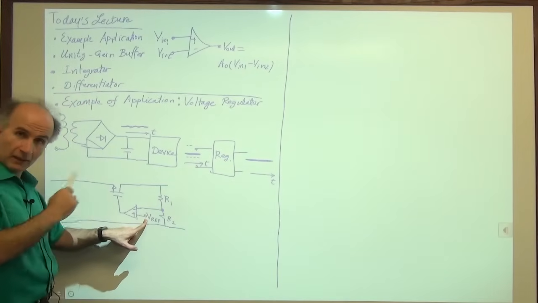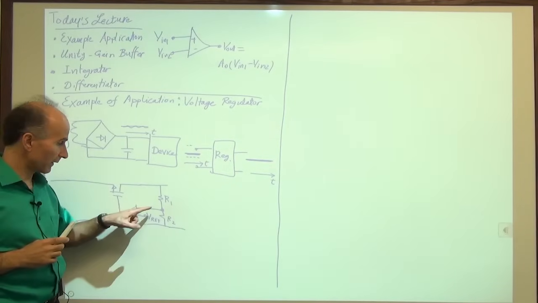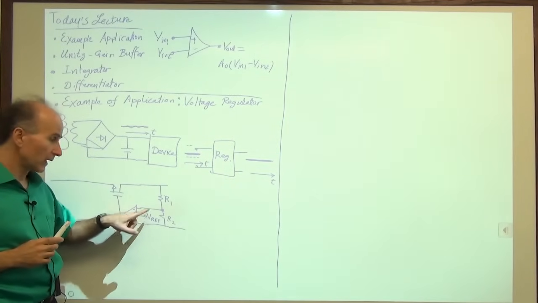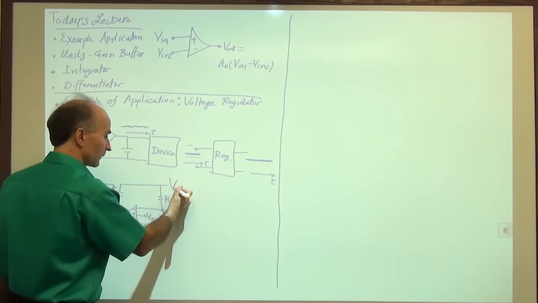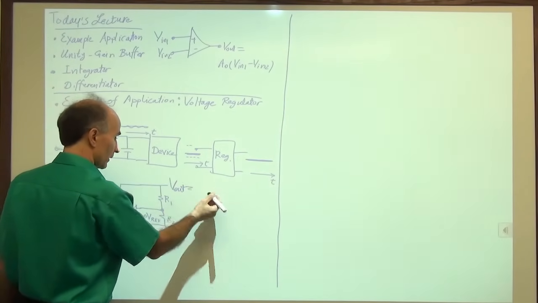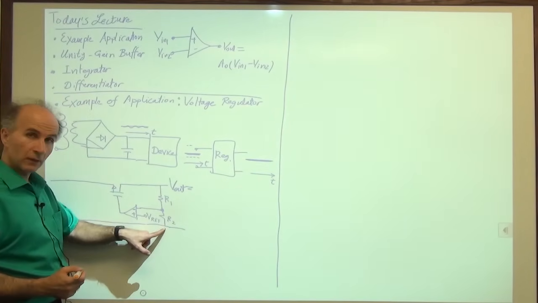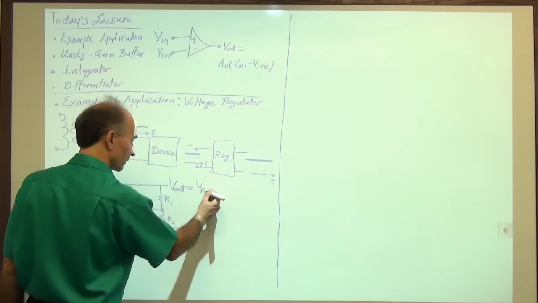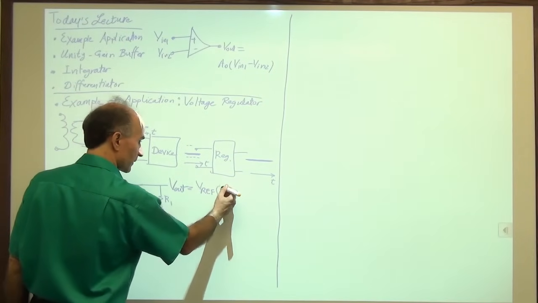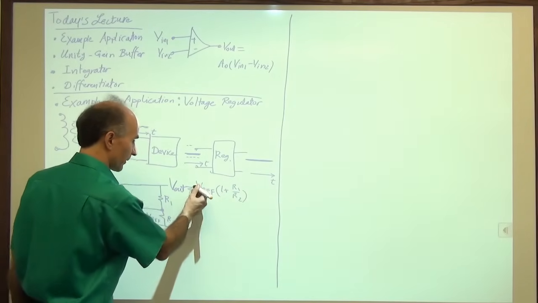So assuming that the gain here is high, these two are very close to each other, meaning that this is close to Vref. If this is close to Vref, we know how much that is, right? So Vout is equal to Vref over R2 times R1 plus R2. So Vref times 1 plus R1 over R2, approximately.